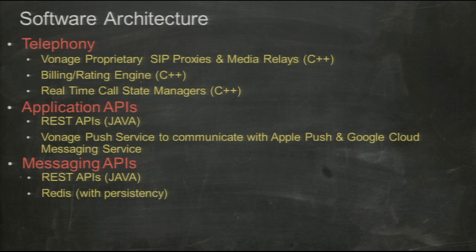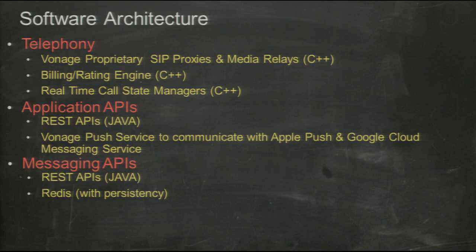The last part is our messaging infrastructure, which is, again, REST APIs. It's all Java-based. What I want to point out here is that we are using Redis, which is a NoSQL data structure, to store the messages. And we are using Redis with persistency, so it's a little bit different.